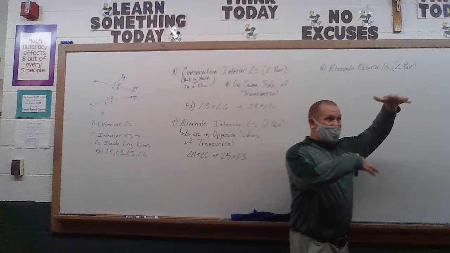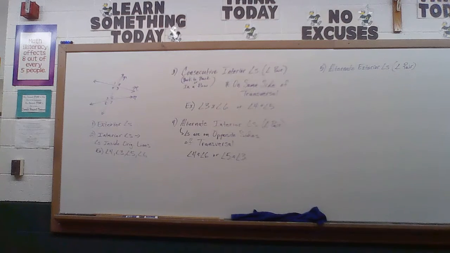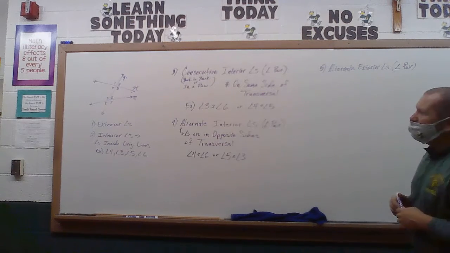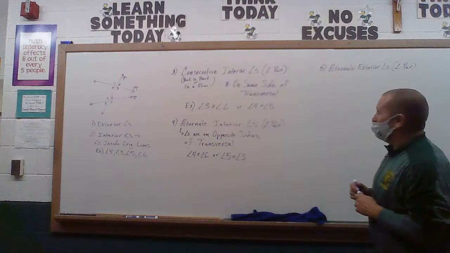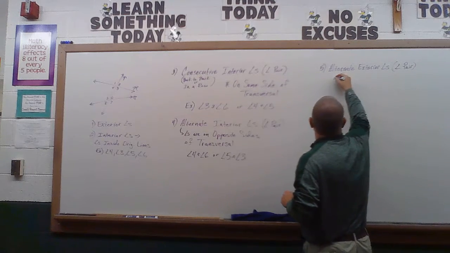Exterior now means on the outside of my original lines. So what are my angle pairs? What are angles on the outside of my original lines but on opposite sides of line R? 2 and 8. And what was the first one you said?